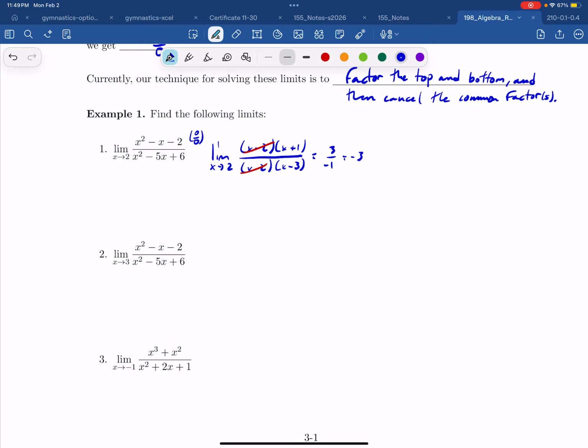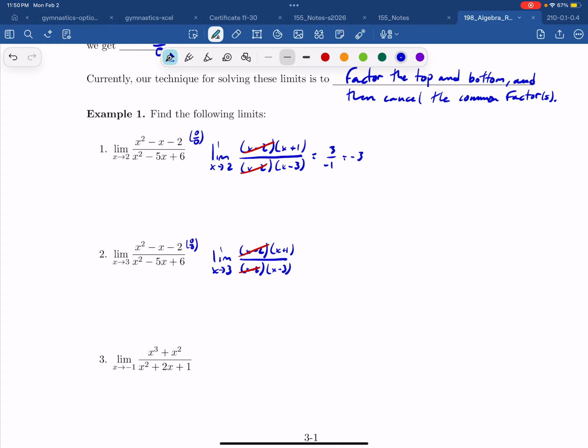What about number 2? Let me write this one up here, too. Limit as x approaches 3 of, and again, I can factor this. It is the same thing as before, so we already know it's going to factor. I should point out that we have 0 over 0 when we try to plug it in, and we can cancel out this common factor.